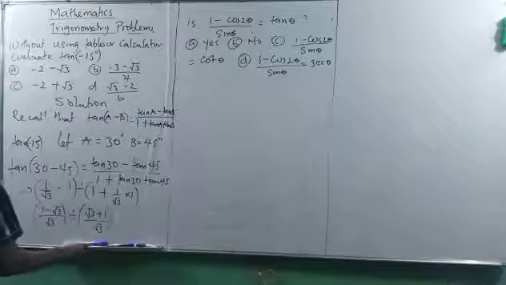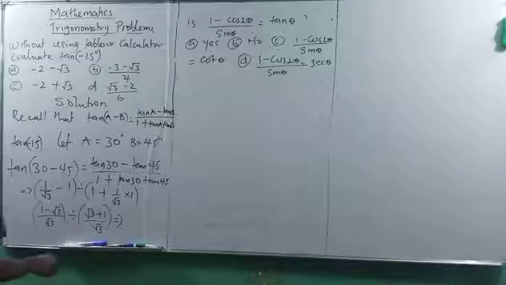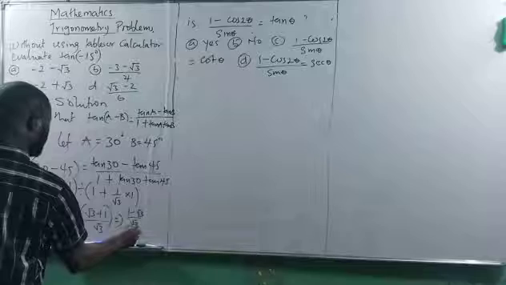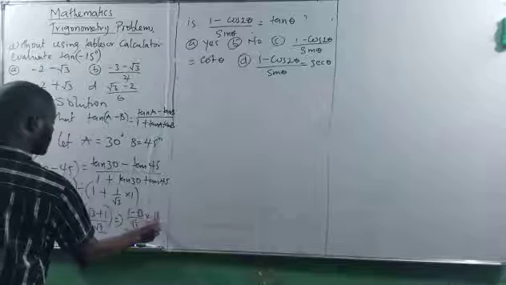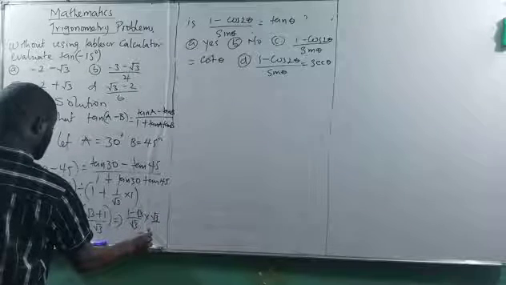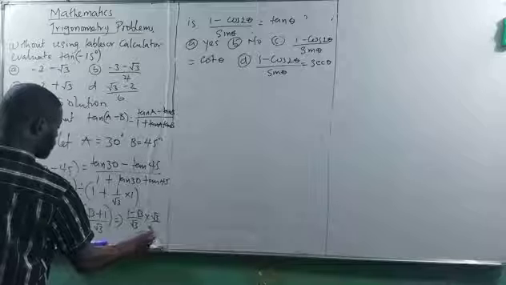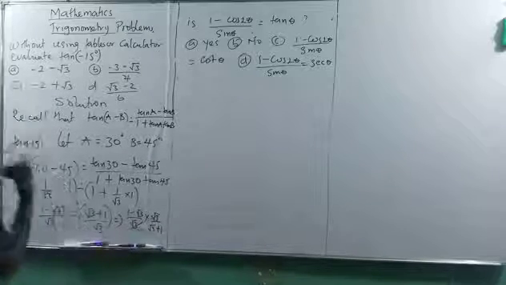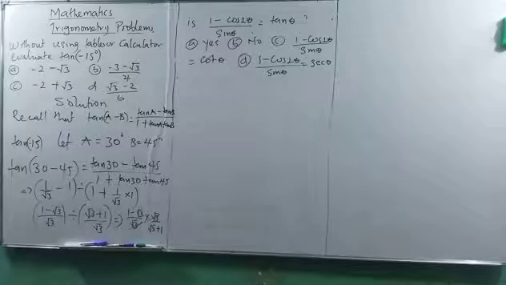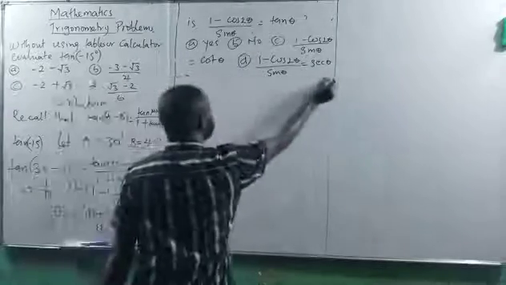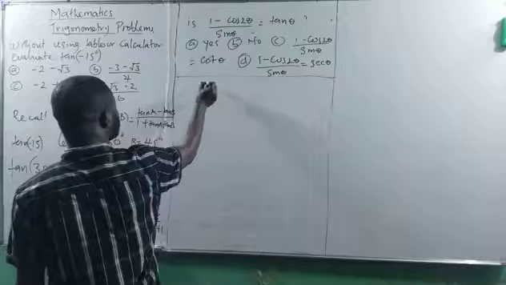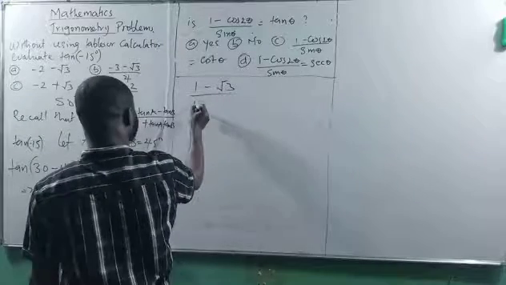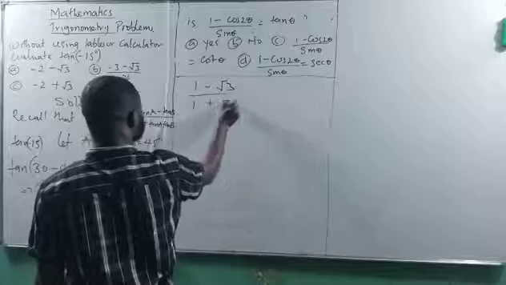Which implies 1 minus root 3 all over root 3, multiplied by root 3 all over root 3 plus 1. This will cancel this. At this junction, I'm having 1 minus root 3 all over 1 plus root 3.